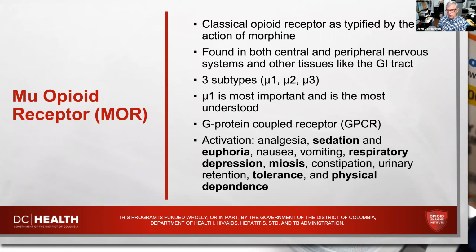Miosis is the medical term for a constricted pupil, constipation, urinary retention, tolerance, and physical dependence. So the ones that I've highlighted in bold are the ones that are, in a sense, most applicable to addiction medicine, although nausea and vomiting, constipation, those also come into play.